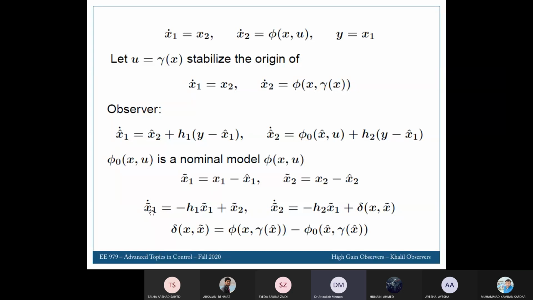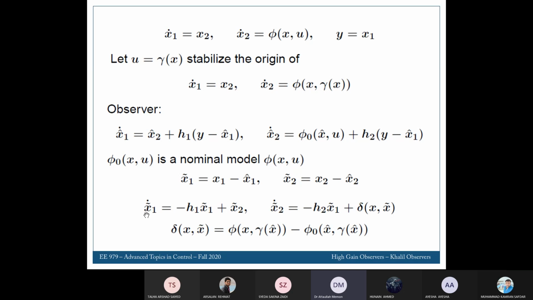If x tilde goes to 0, that means x1 hat, the estimated value of x1, approaches the actual value of x1. Similarly, the estimated value of x2 approaches the actual value of x2. So if this is the driving term, I would want the transfer function from this input to the state to be 0.